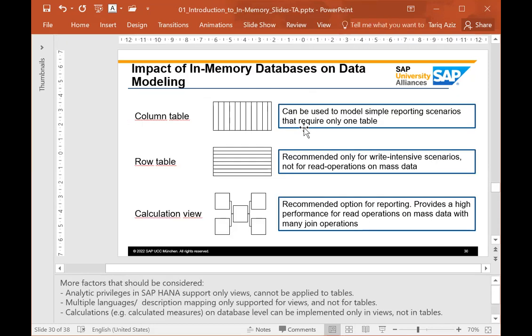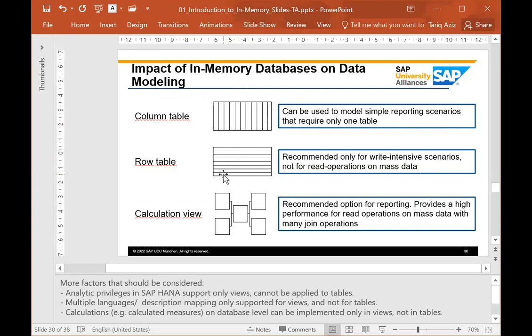We have column tables available in the in-memory database. We do have row tables. Remember, row tables: sometimes we have a small, fixed table with 10 or 100 rows that is not changing all the time.